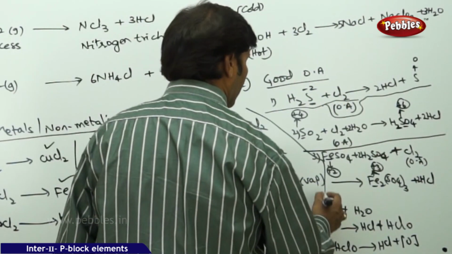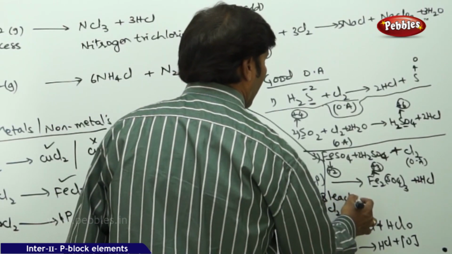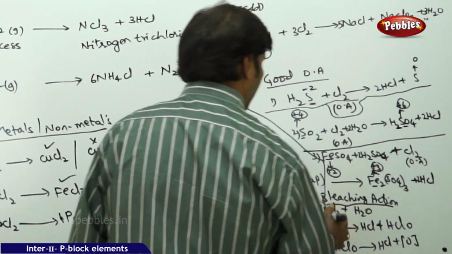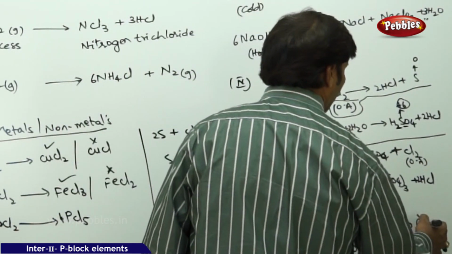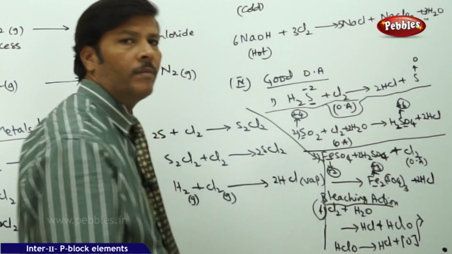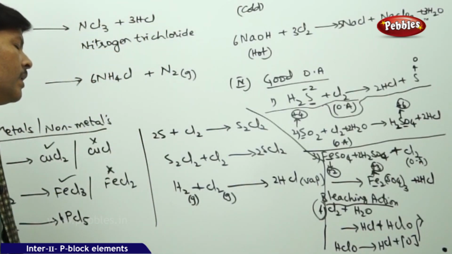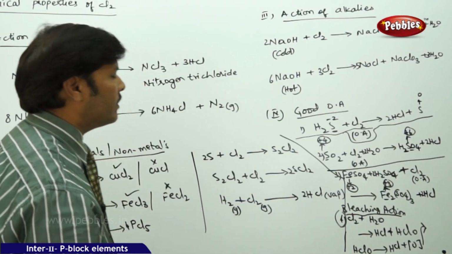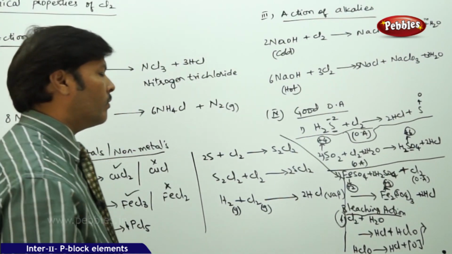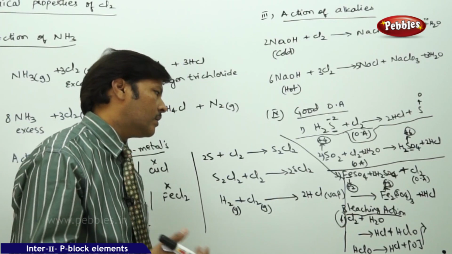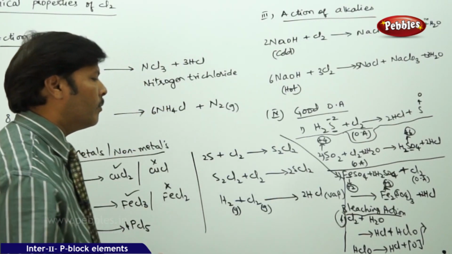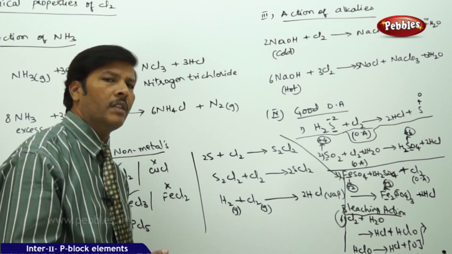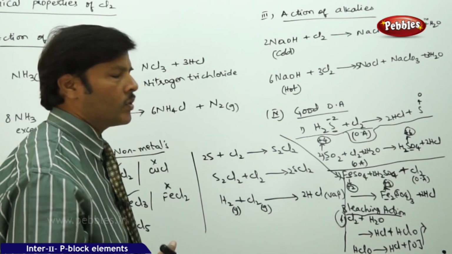This nascent oxygen acts as a bleaching agent and will kill the bacteria, and it is also used in the purification of water. It kills all the bacteria present in water and allows safe potable drinking water, and it converts colored substances to colorless substances through oxidation.